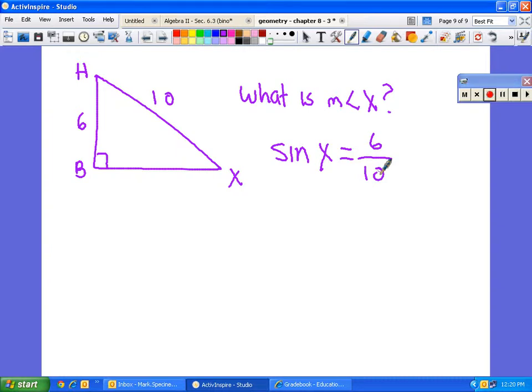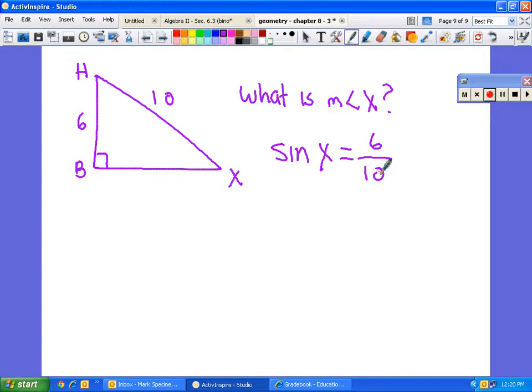So what we're asking ourselves is, what we're looking for is the angle whose sine is 6 over 10. So what we're going to do is we're going to use the inverse.